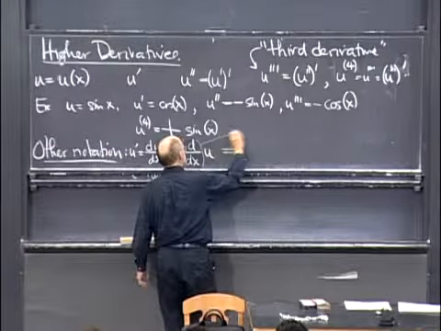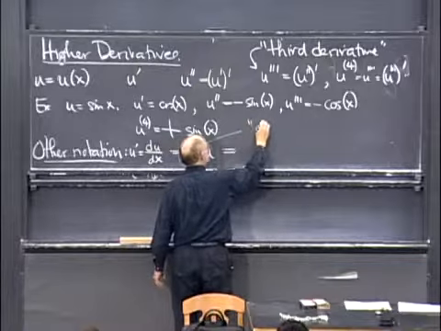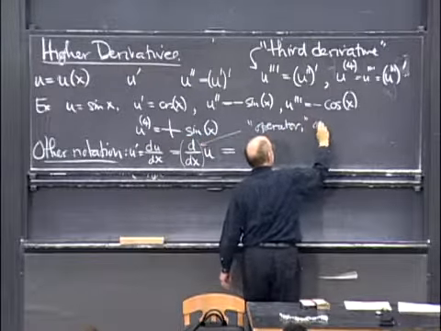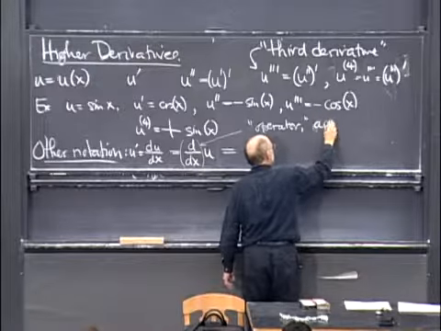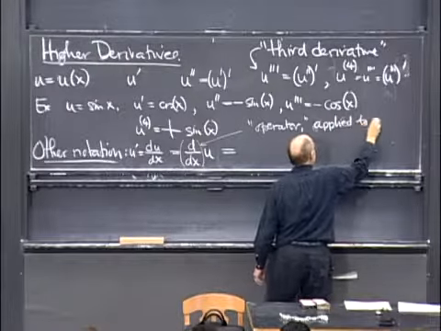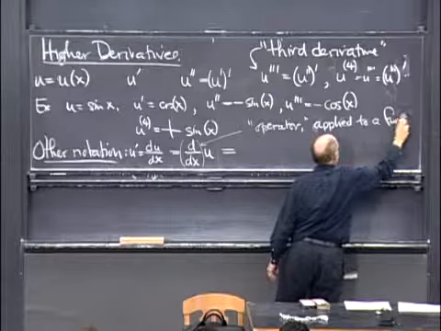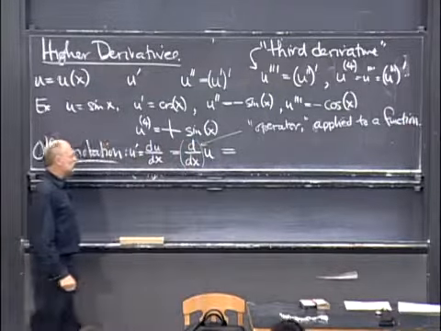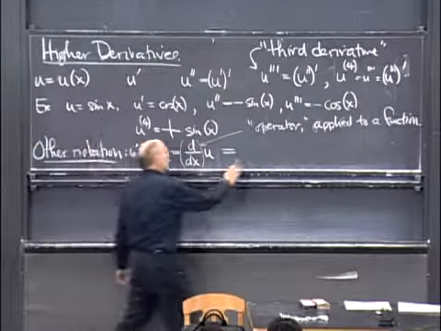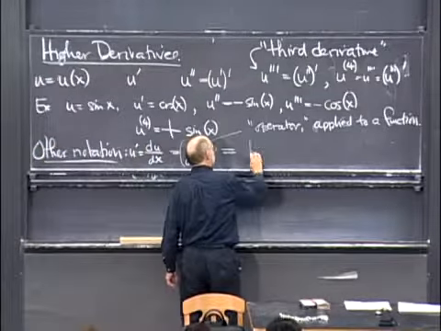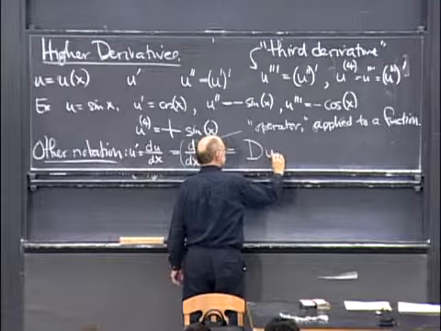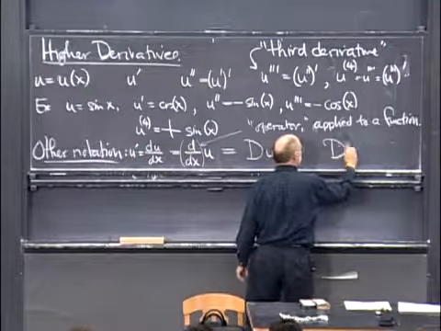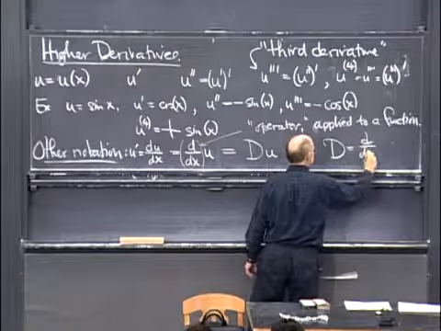This symbol represents an operator to be applied to a function. And the operator says, take the function and differentiate it. So a further notation that people often use is they give a different name to that operator and they'll write capital D for it. So this is just using capital D for the symbol d dx.